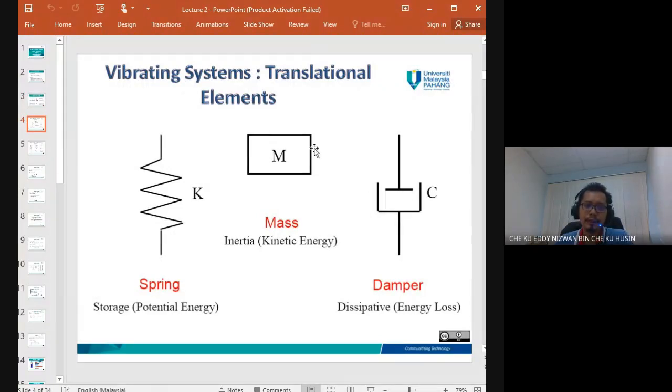These are the symbols used for the translational elements. If we model the system with translational motion, either vertical or horizontal, these are the normal symbols for the stiffness spring.